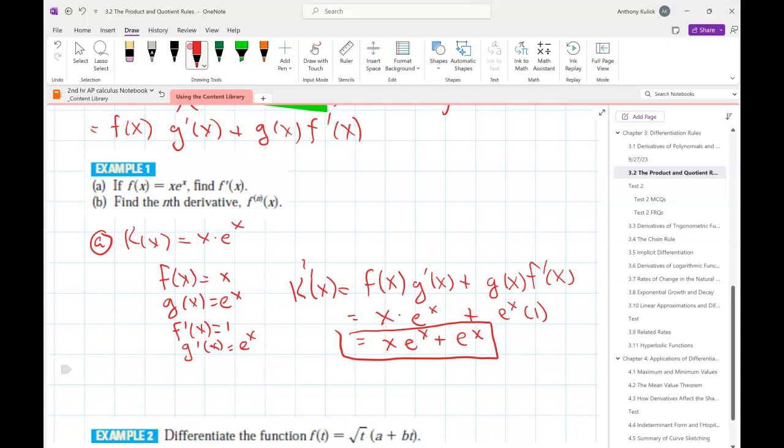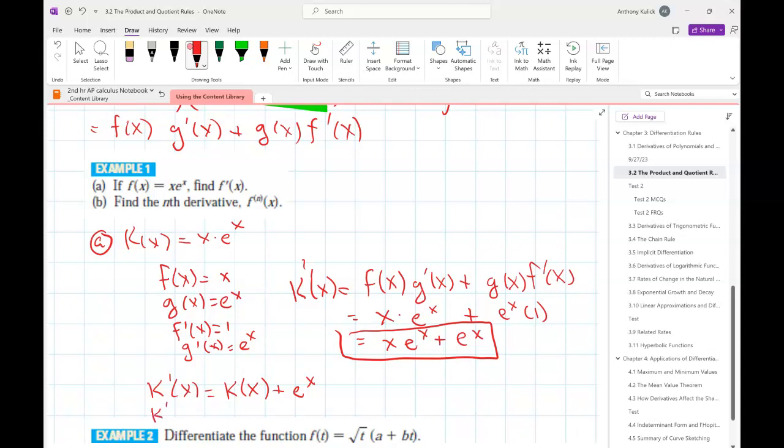So let's look at what happened here. In other words, we found that the derivative of k of x is k of x plus e to the x, right? You got the same thing over again plus an extra e to the x.